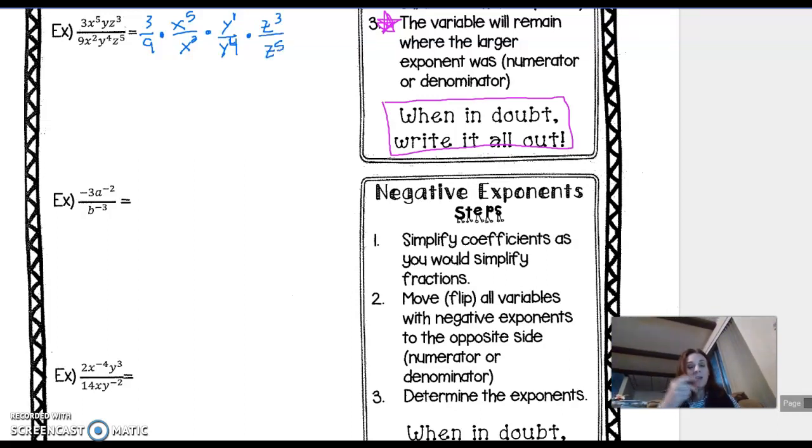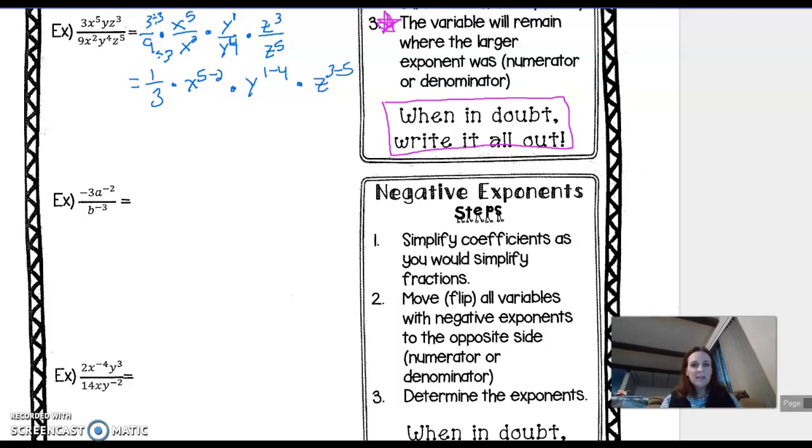Now, looking at these rules right here, this number 3, I'm anticipating that there's going to be an x in the numerator, a y in the denominator, and a z in the denominator. So let's just keep going. I can divide both of these by 3, and that becomes 1/3 times x to the 5 minus 2 times, because same base dividing, y to the 1 minus 4, same base dividing, times z to the 3 minus 5, same base dividing.